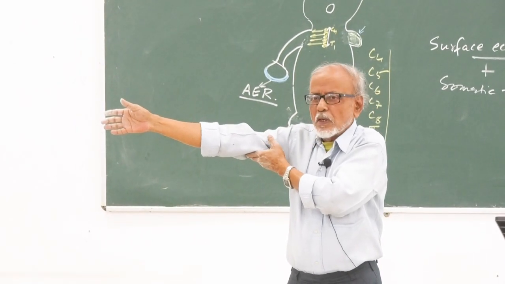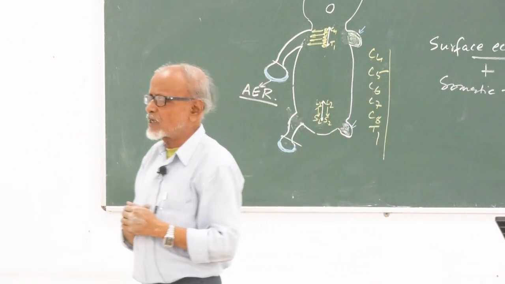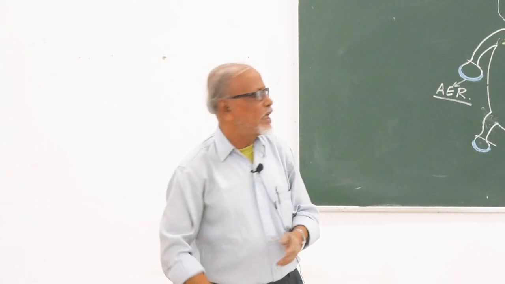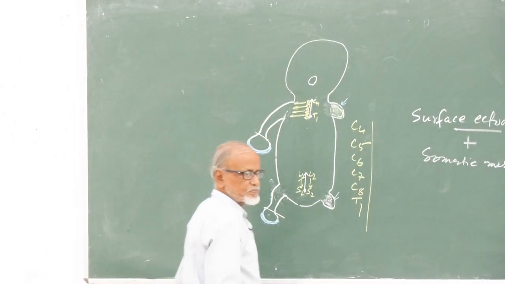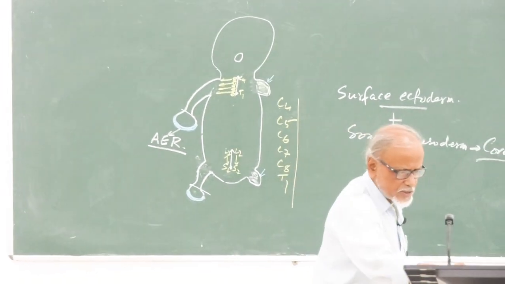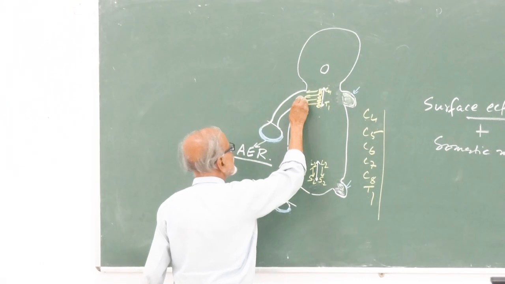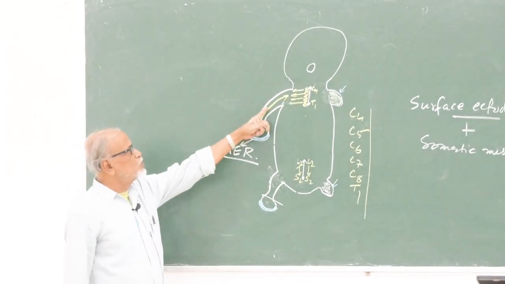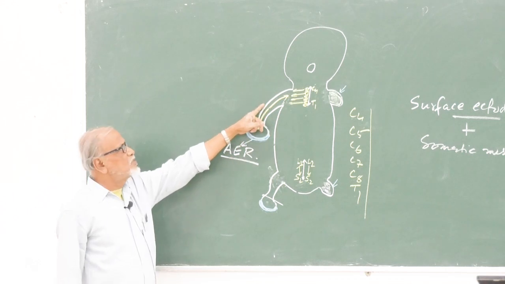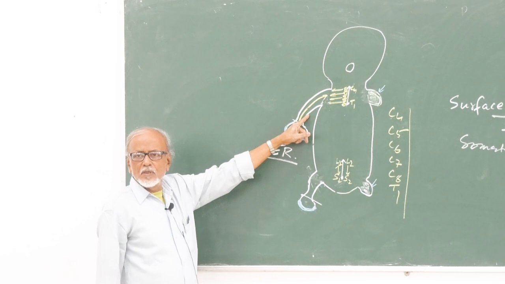Now each of the limb parts has got a central axis. This growing limb part has a central axis. This is the central axis. Now, in relation to the central axis, this is the cranial border and this is the caudal border.